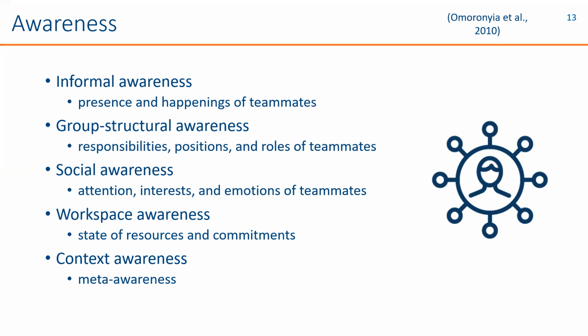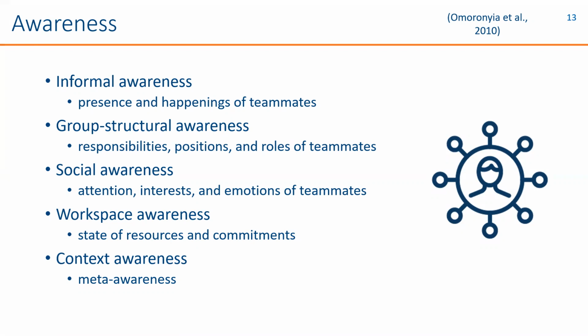It is needed to appropriately initiate casual communication with others, like asking a quick question to someone in their office. Next, group structural awareness is associated with knowing what commitments teammates have, how they're doing on them, and why they're the person doing those commitments. This awareness fosters the development and use of expertise, and it lets the right person get the right task.